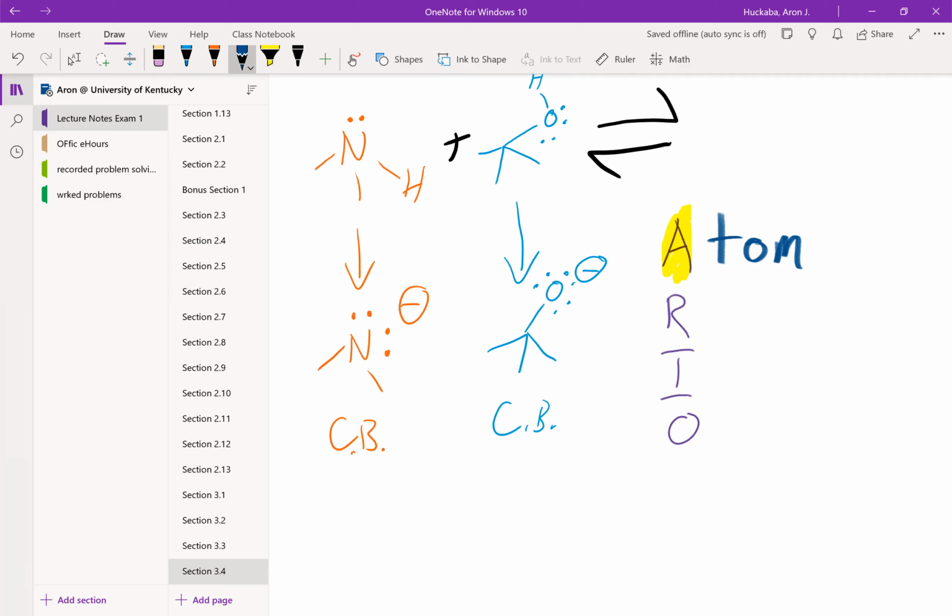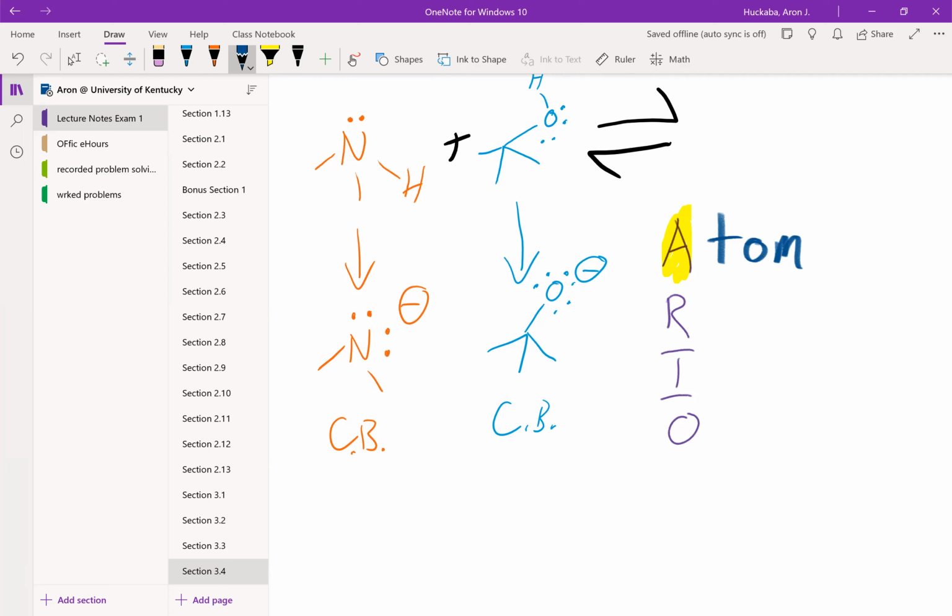So in this case, you can either look at section 1.3, I believe it is in your book. Let's see, section 1.3, which tells you about electronegativity. Oh no, sorry, it's 1.5.